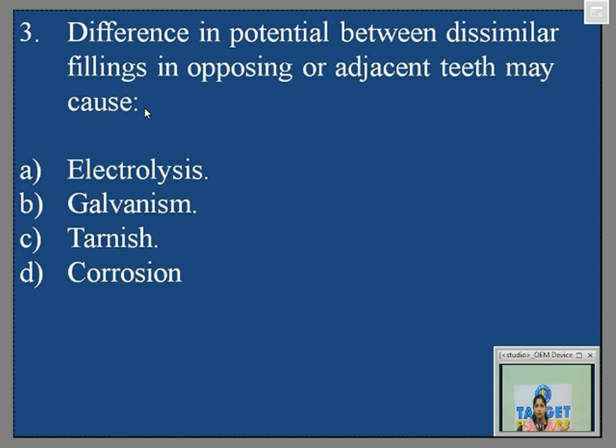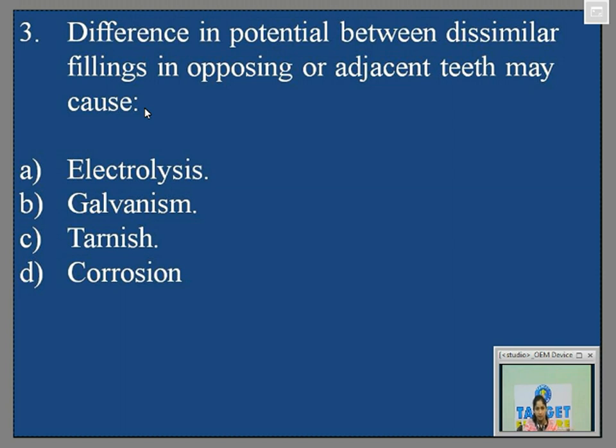So when you have two dissimilar fillings, in here we are talking about a cast gold restoration and an amalgam restoration. Cast gold acts as a cathode because it has positive electromotive potential, and amalgam will act as an anode because it has a negative electromotive potential.